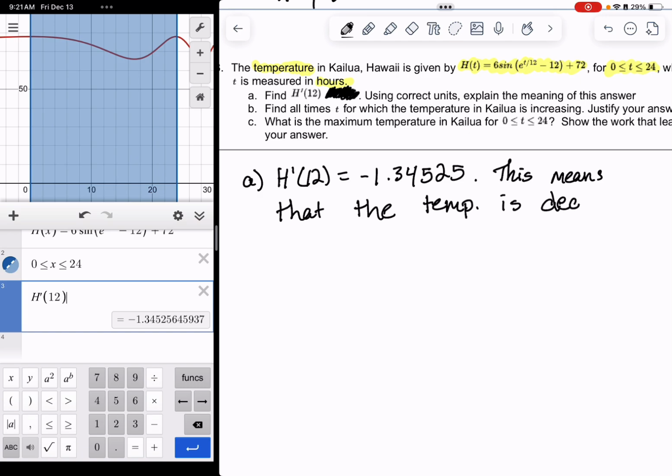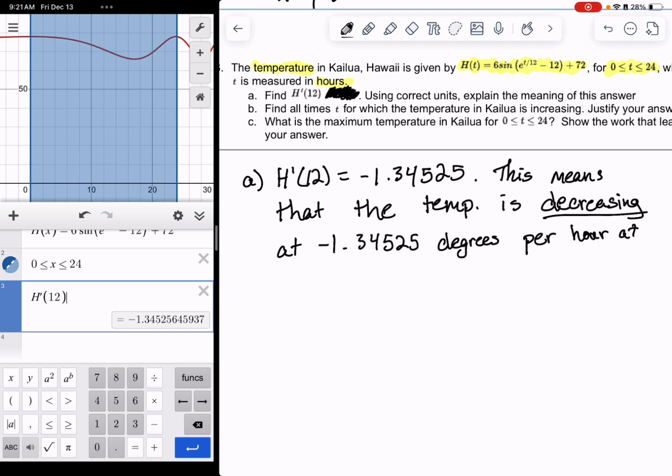We should get specific with the word there, that it's decreasing because it's a negative rate, at negative 1.34525 degrees per hour at time equals 12 hours.